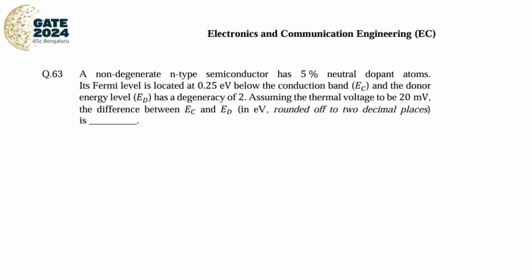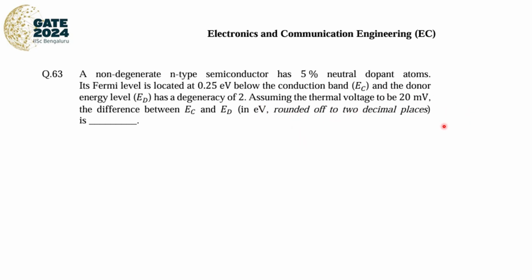Okay, let's take one more question. Question number 63. A non-degenerate n-type semiconductor has 5% neutral dopant atoms. Its Fermi level is located at 0.25 electron volt. The conduction band EC and donor energy level ED has a degeneracy of 2, right?